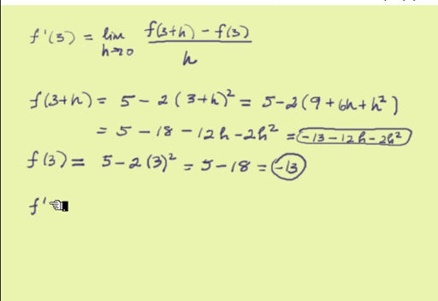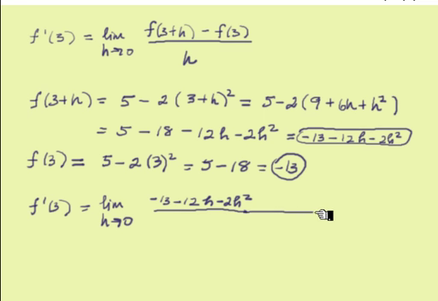So we have f prime of 3 is equal to limit h goes to 0. And first I'm going to put this result, minus 13 minus 12h minus 2h squared, and then subtract f of 3. So we're subtracting, here's f of 3 is minus 13. So you have a double negative over here. All right, just keep on going.